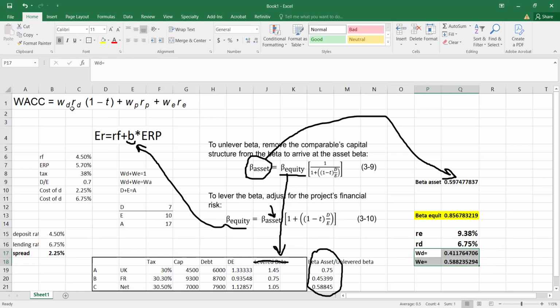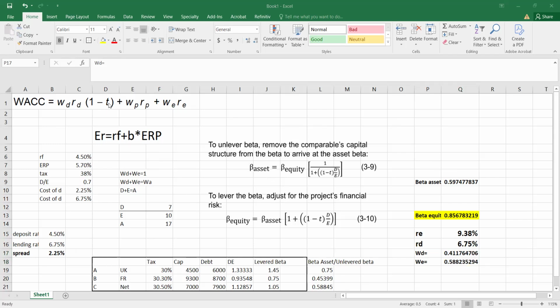What is left is just to put it into the big formula: proportion of debt, cost of debt, tax. This we don't have, it's not the preferred equity, it's not given. And proportion and the cost of equity. Now I can just put it into the formula.